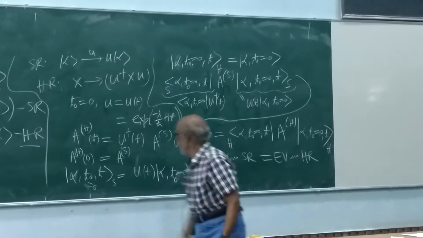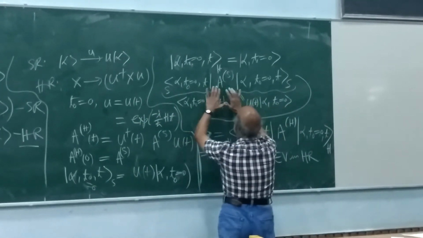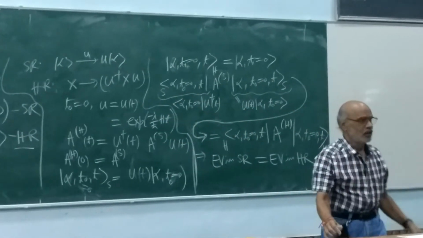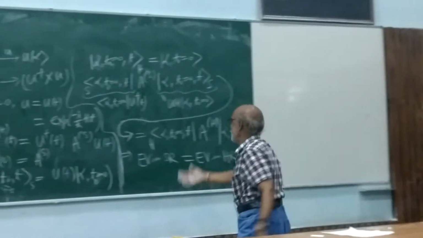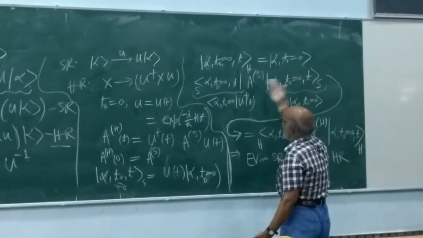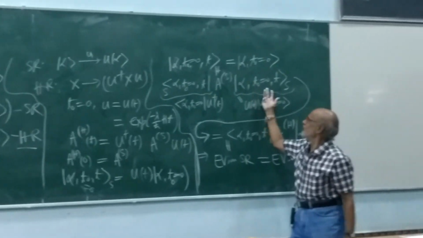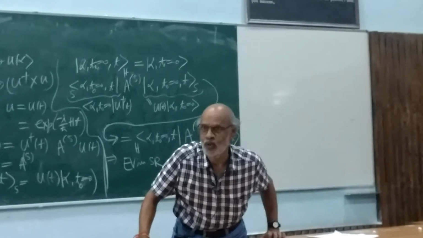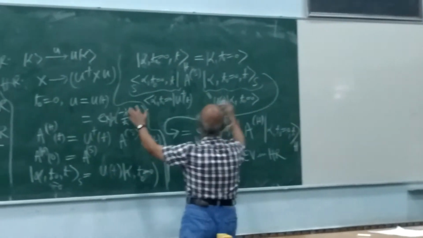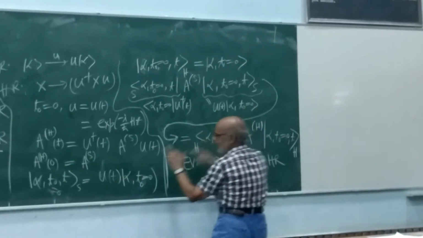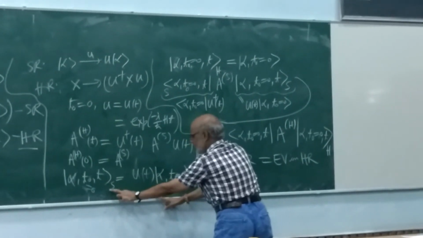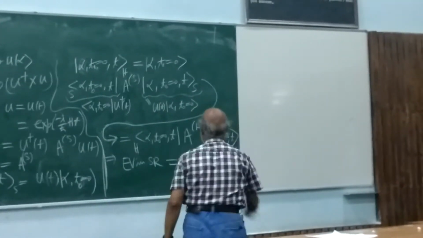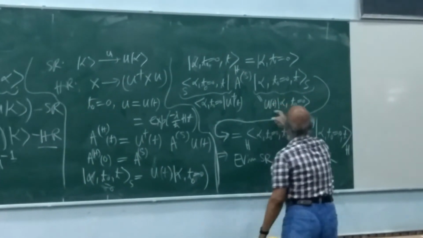Okay. So now I want to consider the expectation value of this in the Schrodinger representation. And I have to take the operator and the state vector and its conjugate. That is how you determine the expectation value of an operator. Very good. And here I am just using this equation. This is U of t. This is U of t.